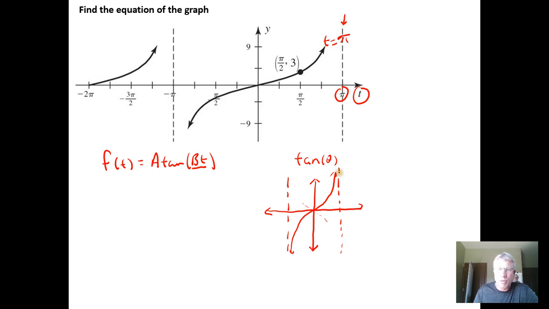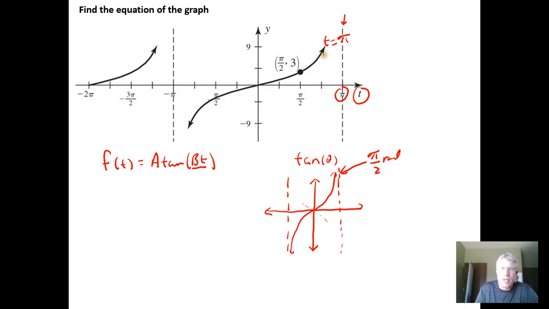And then I want to think about the toolbox function, and where the first vertical asymptote to the right of the y-axis is located on the toolbox function. For the toolbox function, it's located at pi over 2 radians.